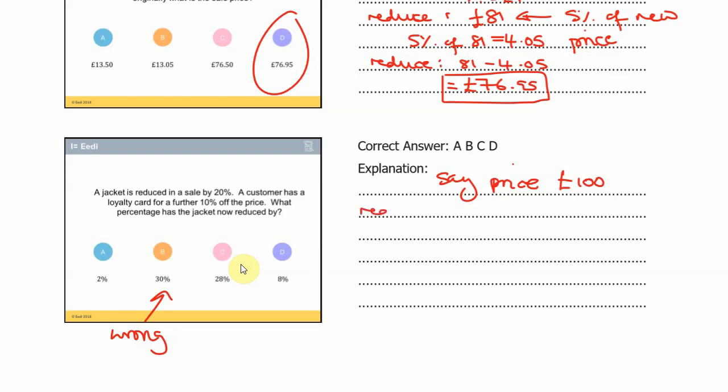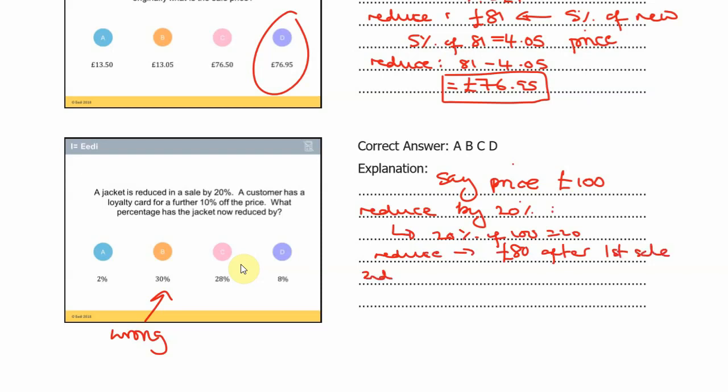Well, first I'm going to reduce by the first sale, which is 20%. So 20% of 100 equals 20. So when I reduce, it's £80 after the first sale.